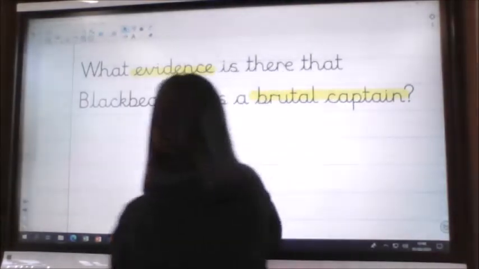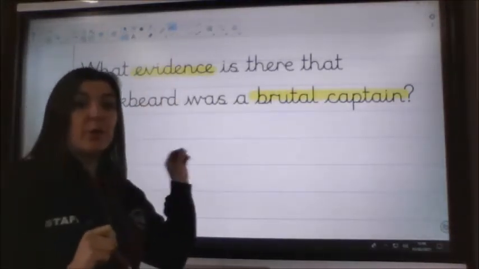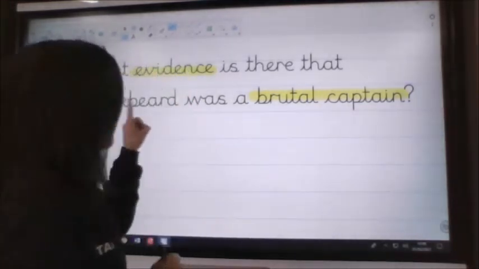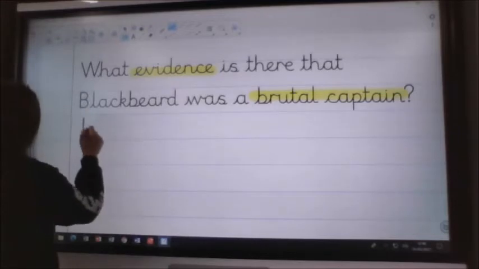So I'm going to go back to my question. Again, I'm going to have another read of what the question says to make sure I'm answering it. So, evidence that Blackbeard was a brutal captain. He was brutal.